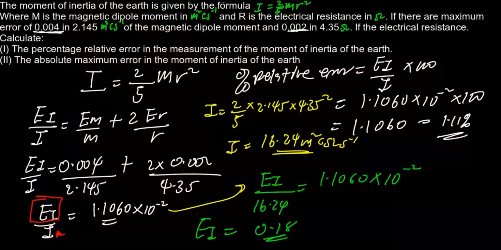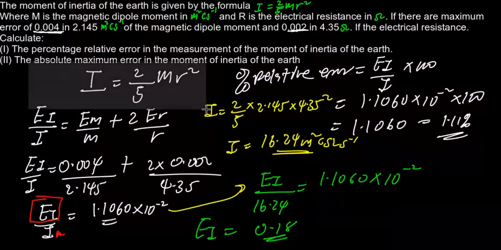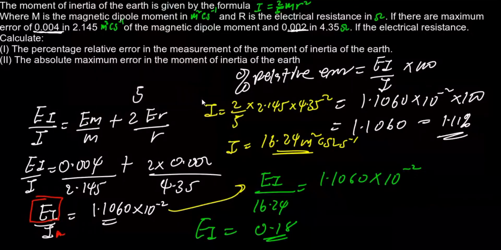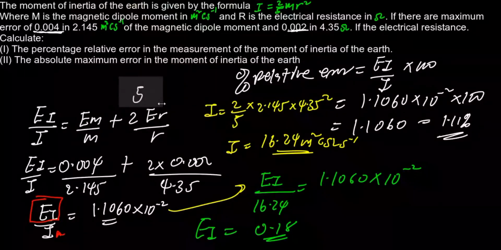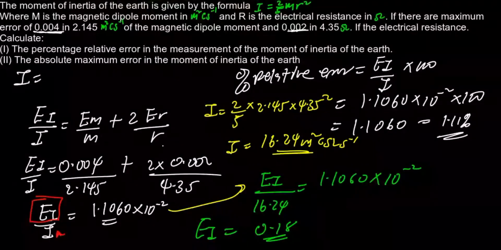So it means that if I want to write the expression for I, the full measurement for I, remember a full measurement must have the value or the magnitude, and the magnitude of I is 16.24. That's the value.